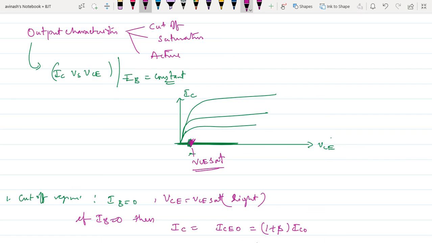In the case of the saturation region, this is the cutoff region. Saturation means if you observe this point, starting at this point.